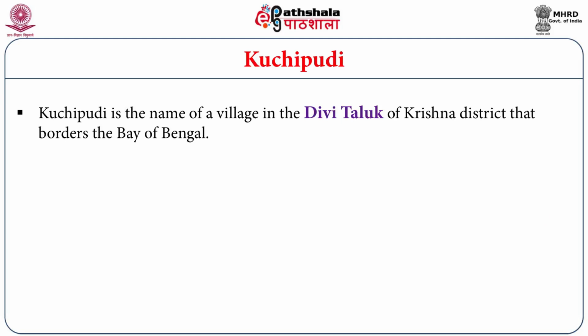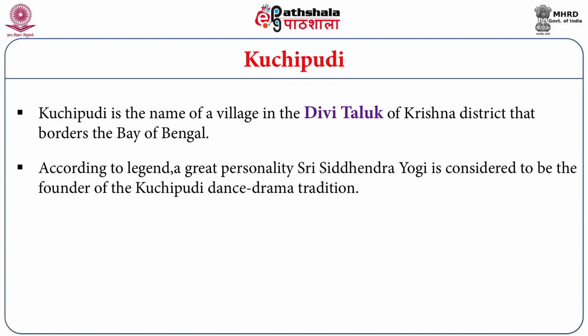Kuchipudi is the name of a village in the Divi Taluk of Krishna district, at the border of the Bay of Bengal. According to legend, a great personality, Sri Siddhendra Yogi, is considered to be the founder of this great Kuchipudi dance drama tradition.